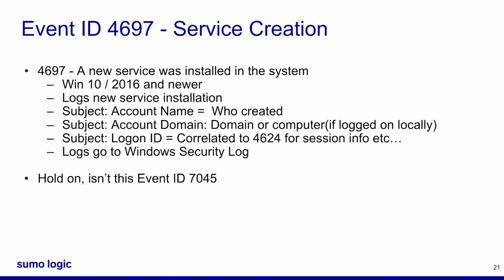The reason they did that was to enable this to be logged in the security log. Prior to Windows 10, this was enabled by default in the system log, and in the system log, it's 7045. The issue with this is if you're any type of analyst, you're almost never going to look in the system log, like never.